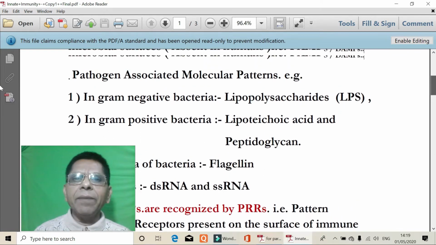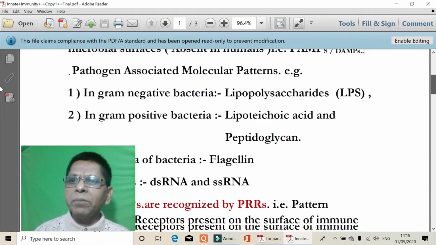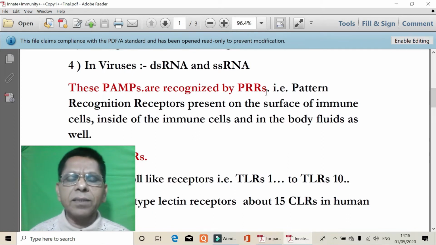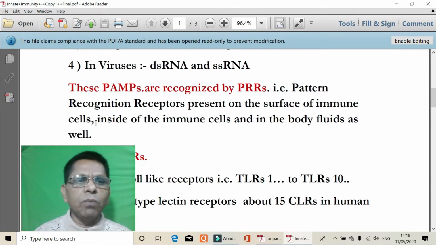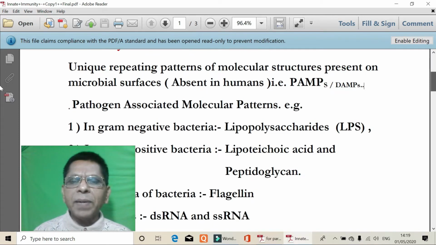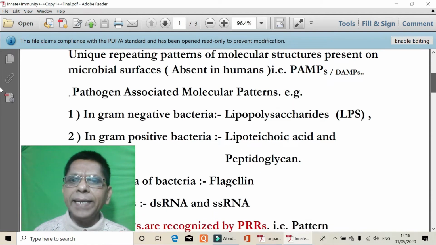Now in order to identify these PAMPs, there are certain PRRs, that is pattern recognition receptors, present on the surface of the immune cells or inside the immune cells or in the body fluids as well. So these are the PRRs, present on the immune cells. And PAMPs are present on the foreign bodies, that is the antigens.